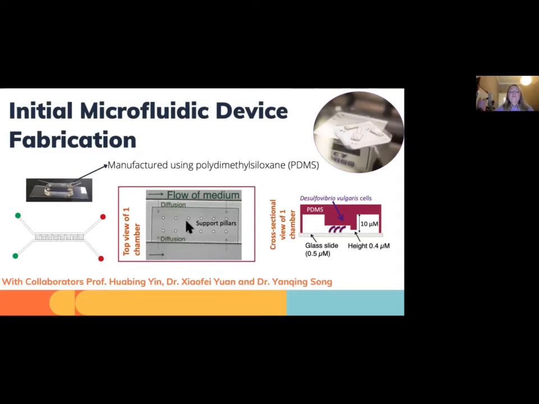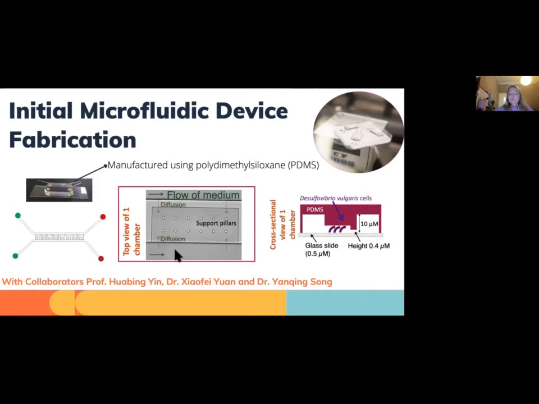We were lucky to have collaborators in the School of Engineering who were already highly skilled in microfluidic device fabrication. So initially we started using a device design that they had already prepared.